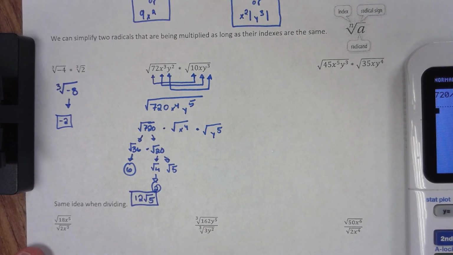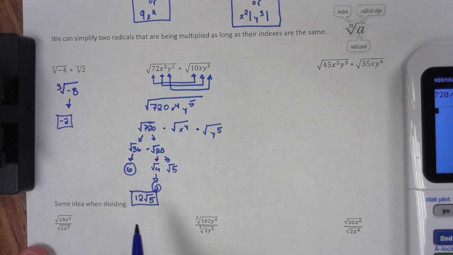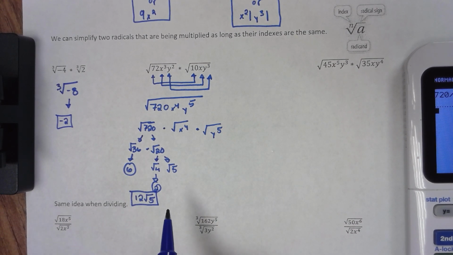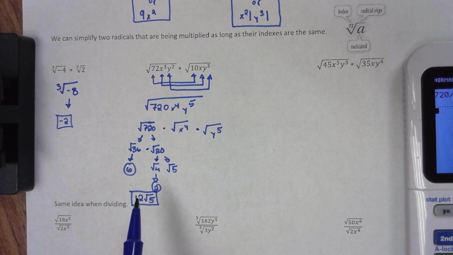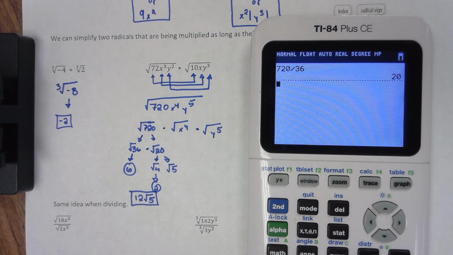So really what this tells me, and I think this is a really good thing to pick up on whenever we don't get the largest perfect square, is that by me getting a 12 as this coefficient after simplifying, that means that whatever 12 squared is, likely divided 720. Not likely, it definitely divides 720. So what I could have done to make this a little bit quicker: 12 squared is 144.